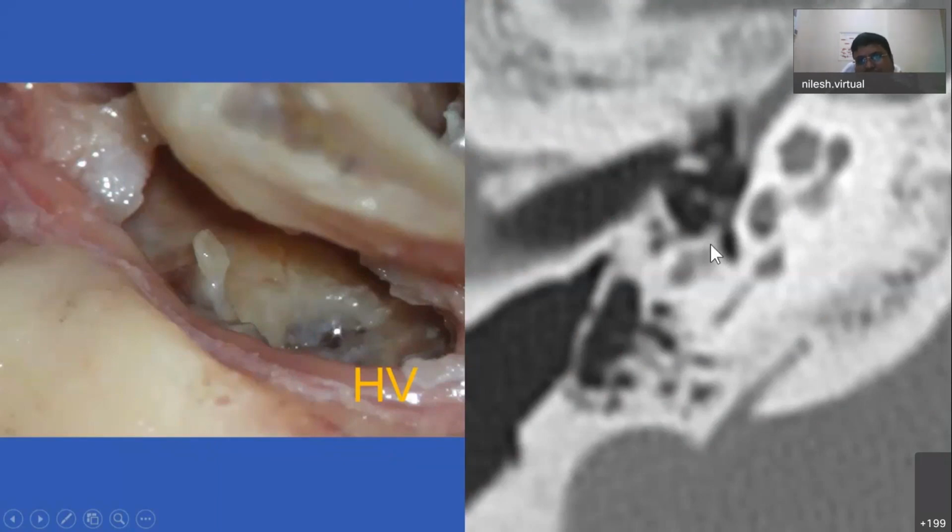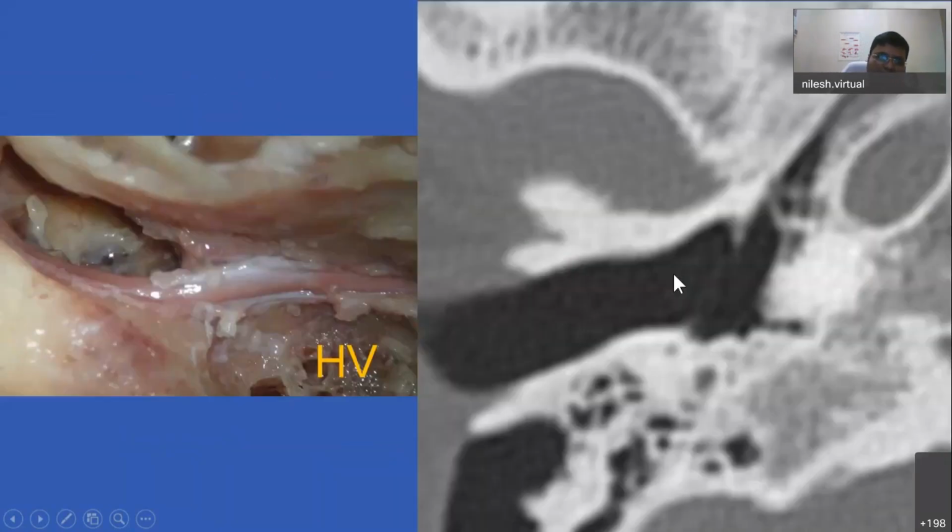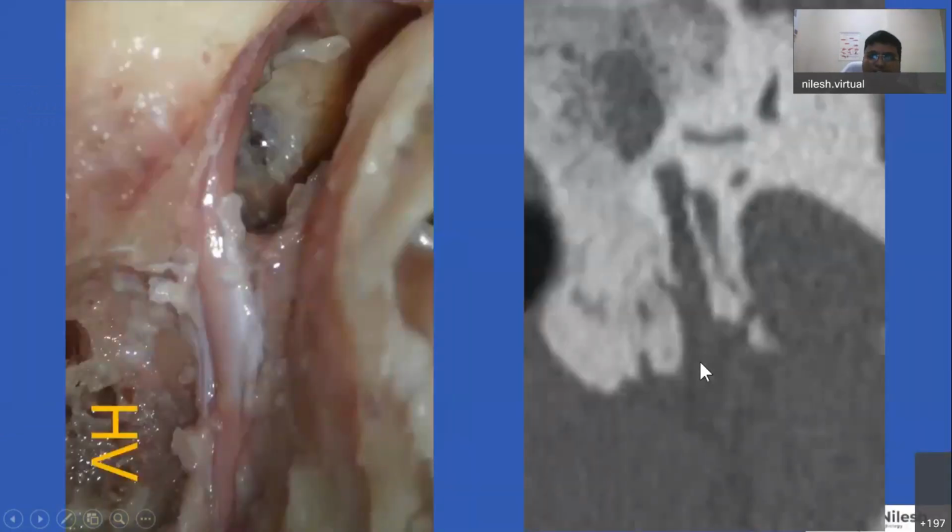So yesterday we saw this image W, where the medial part is the sinus tympani, the lateral part is the facial recess, the center is the pyramid, and this is posterolateral to the pyramid. So this part is nothing but the second genu of the facial nerve. Then you still further come down, you will get the vertical segment of the facial nerve, like this. If you see in the coronal cuts, the vertical segment will look like this.